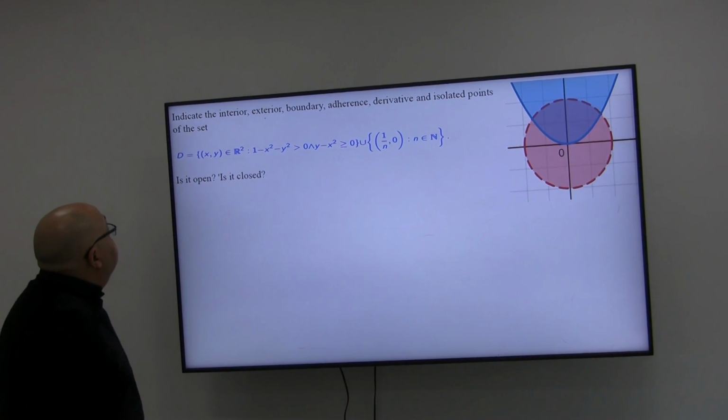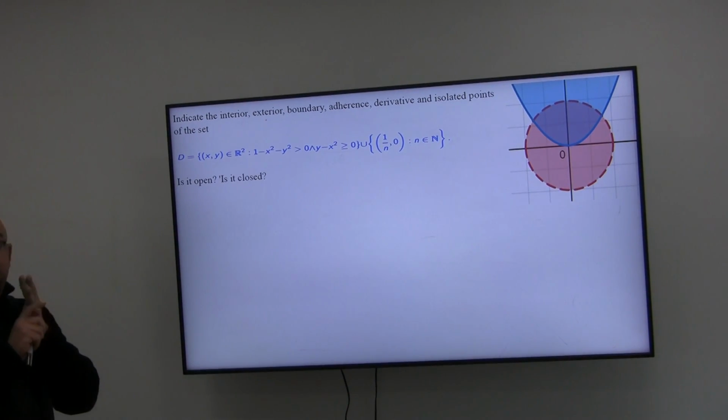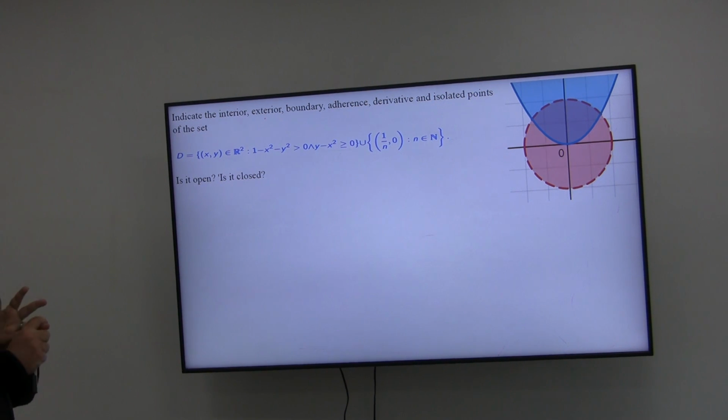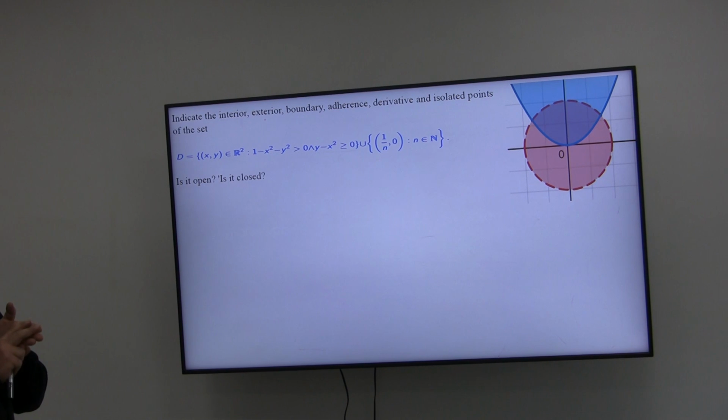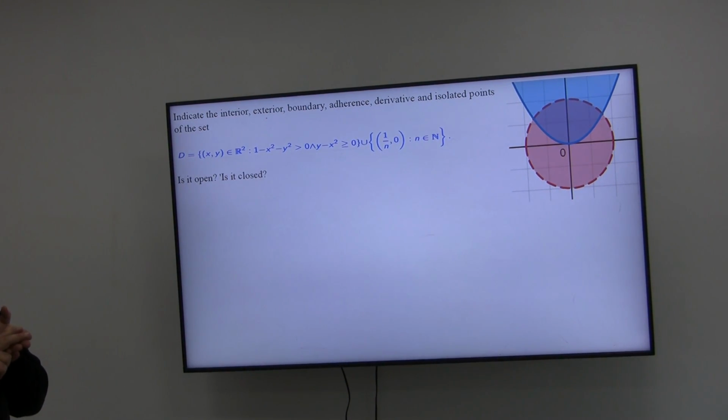I want you to indicate the interior, the exterior, the adherence, which is the closure, the boundary, the isolated points, and the derived points, the accumulation points.